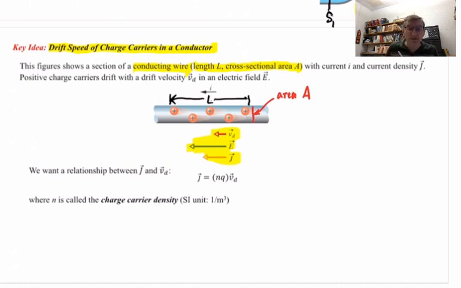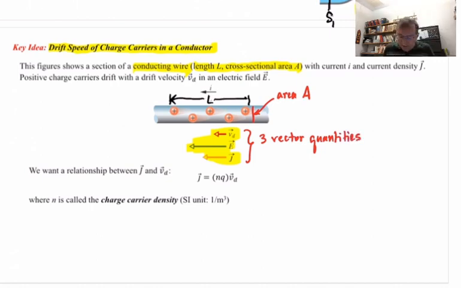That's what's giving us this drift to the left. And there's current, and therefore current density, to the left. So I've got three vector quantities in that section of conducting wire, and they're all to the left.